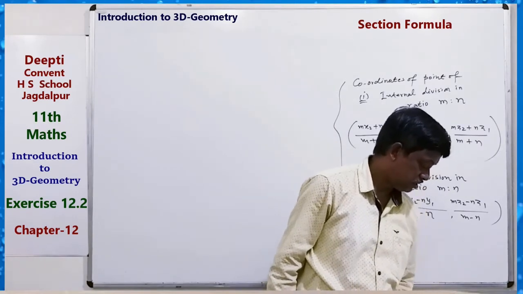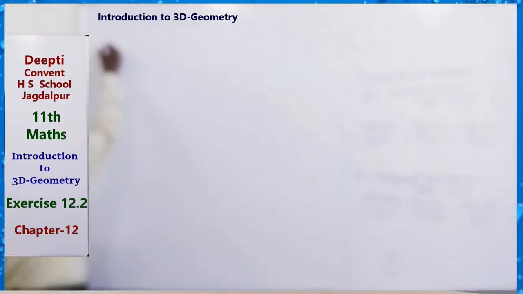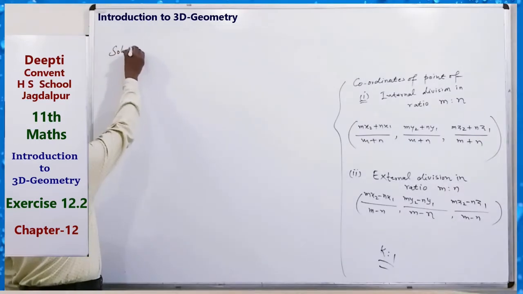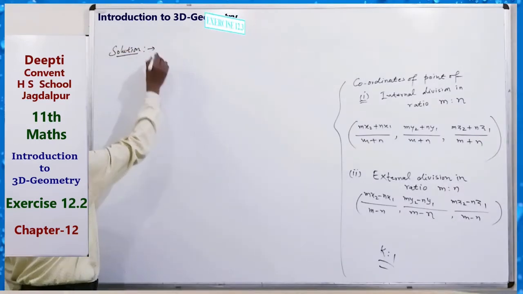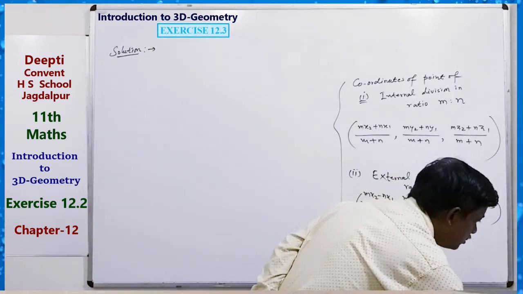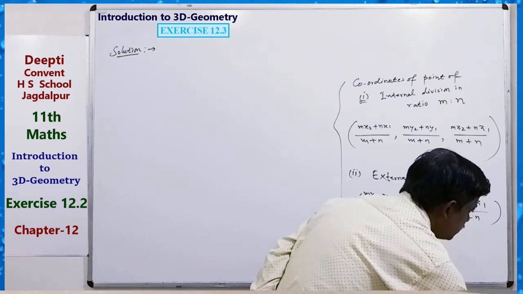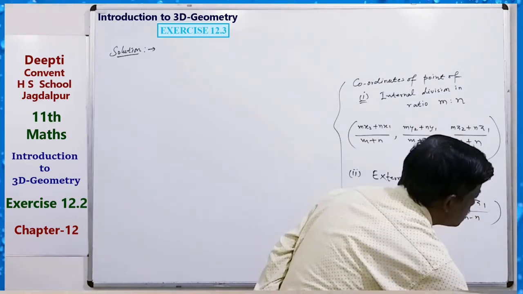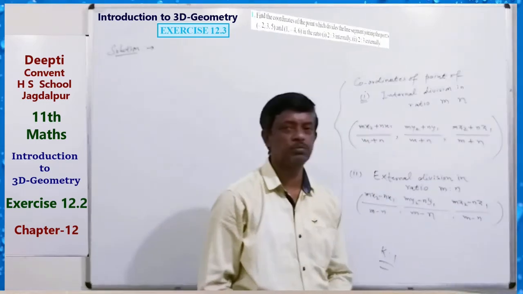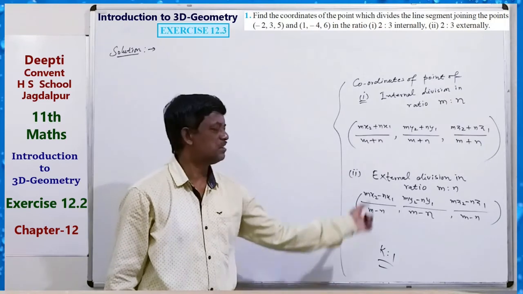Coordinates of points. So take questions from exercise 12.3. Solution, first question. Just using this section formula, we can solve the questions of the exercise. Here it is given to find the coordinates of the point which divides internally and externally.